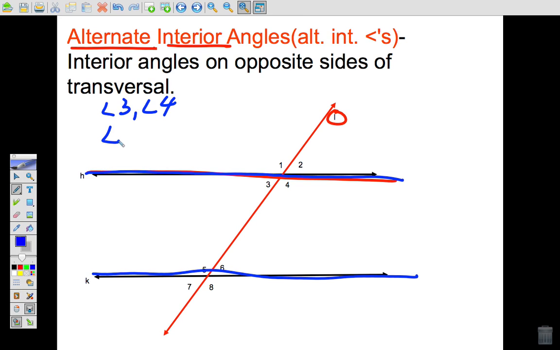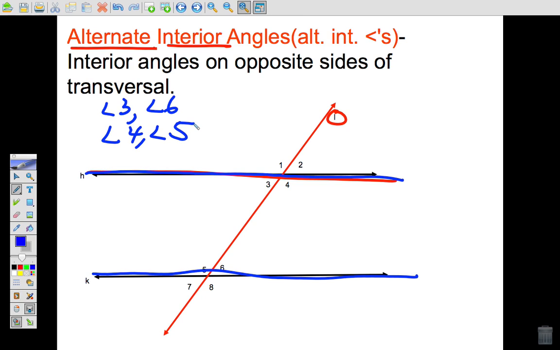There's one more pair. And excuse me, I made a big mistake. Actually, it's angle 3 and angle 6 that are alternate interiors. So they're on opposite sides of the transversal and they're inside. All right? Angle 4 and angle 5 are alternate interiors. Now, you've learned in the past that alternate interior angles are congruent.